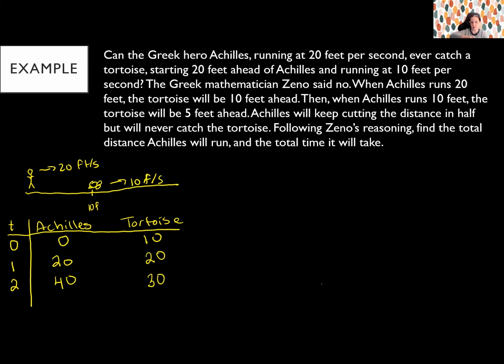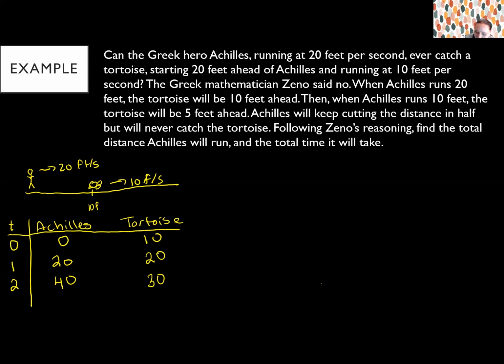So he kept thinking you have to go half the distance, and then half the distance, and then half the distance. This is really crazy, and that's kind of why I like this problem, because it's called a paradox. It's called Zeno's Paradox because it doesn't seem to make sense, but it also makes sense.